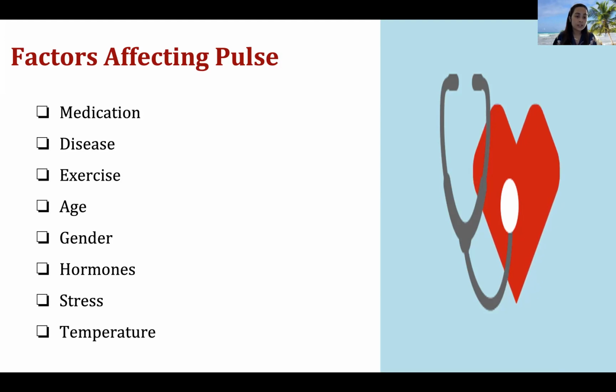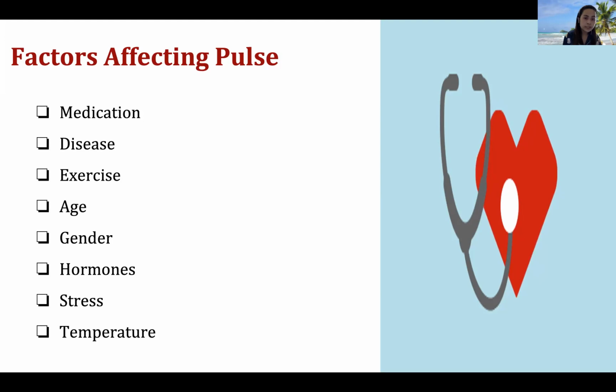Age: as I've told you before, as age increases, heart rate decreases, and as age decreases, heart rate increases, like the infant. The normal heart rate of an infant is 120 to 160 beats per minute.